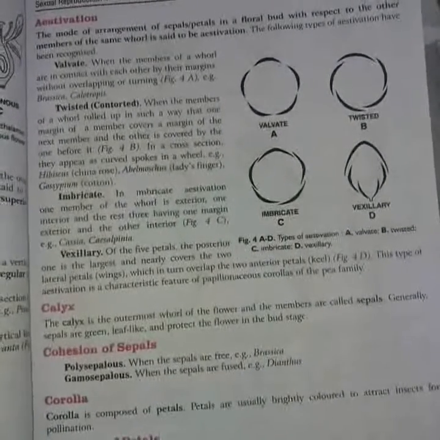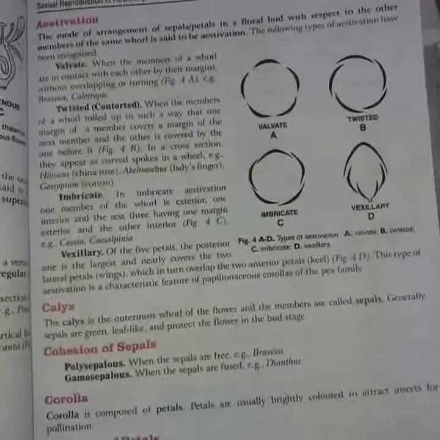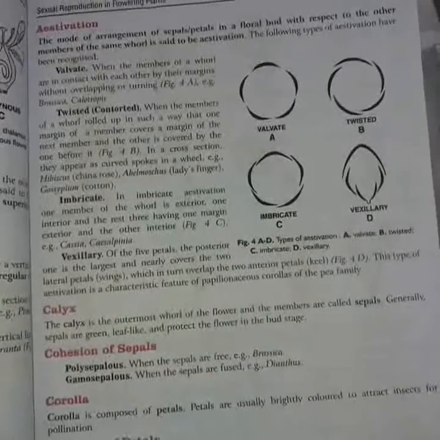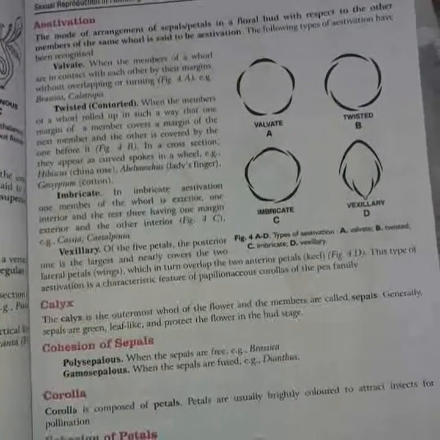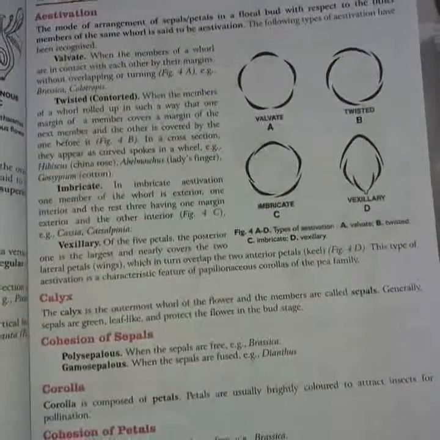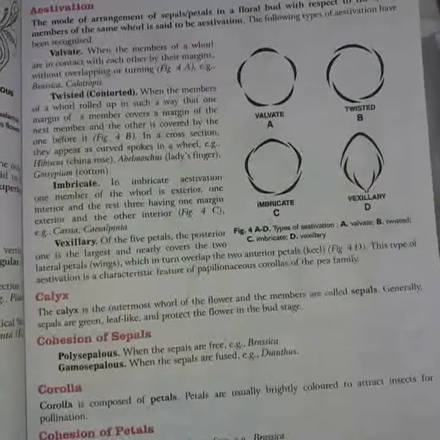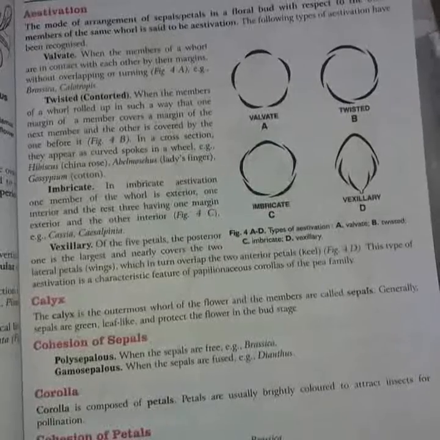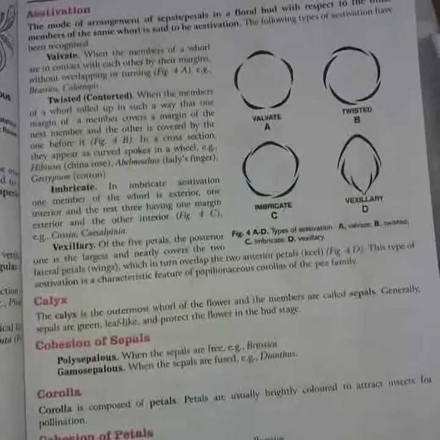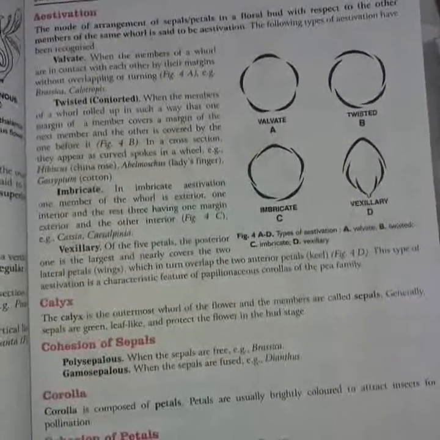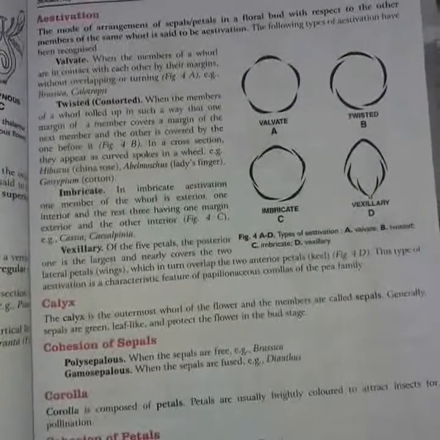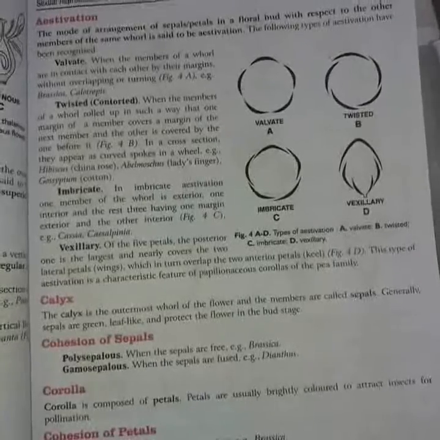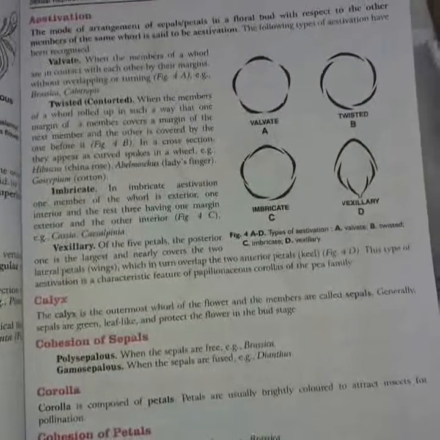Write some examples which present valvate and twisted aestivation, imbricate and vexillary aestivation. Next, define superior, inferior and semi-inferior ovary with the help of a diagram.